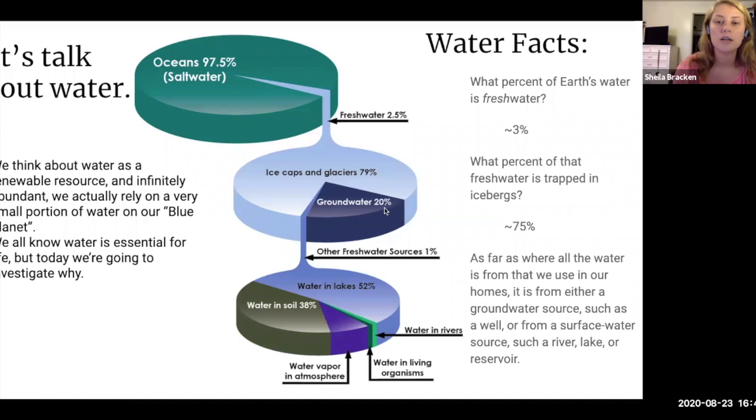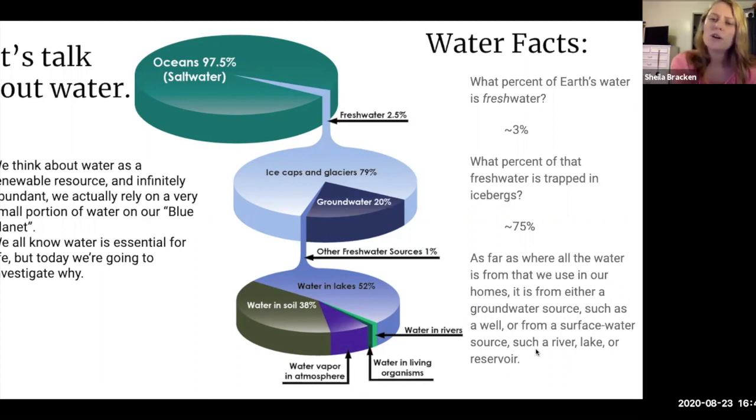This is all groundwater. So other freshwater resources is this 1% right here. That's the water in lakes, water in soil, water in rivers, water in living organisms. They even put that in there, right? That's you and me included. And water vapor in the atmosphere, right? Our clouds, part of our atmosphere.